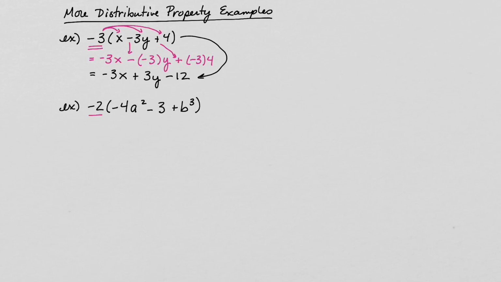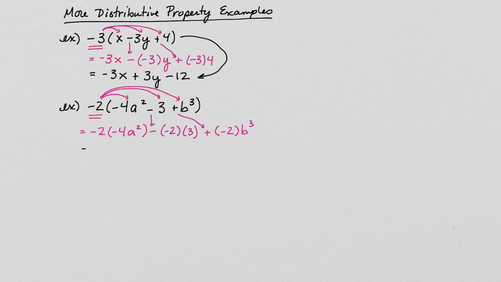And so I'm going to take this -2 and distribute it to each of these pieces. So we're going to end up with -2 times -4a squared. This minus is going to come down, and then I have -2 times 3. This plus is going to come down, and then I have -2 times that b cubed.